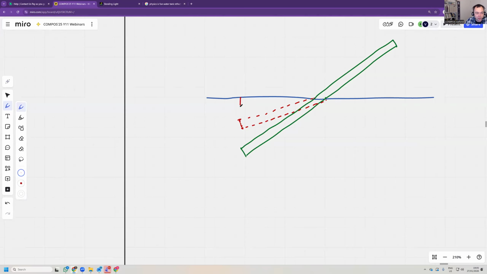And we can draw a vertical line like this. And let's call this distance h. H is the true depth. True depth. And h small is apparent depth.